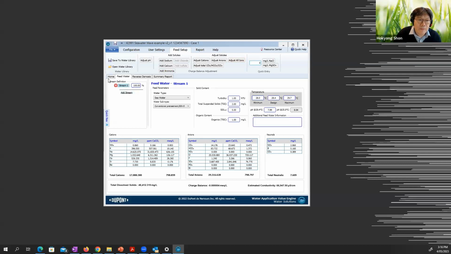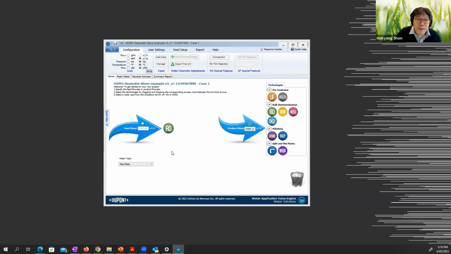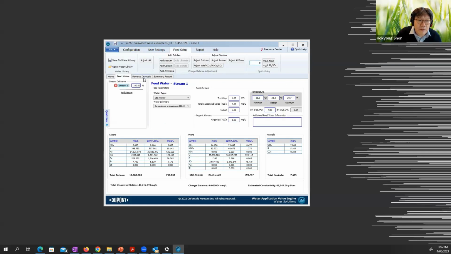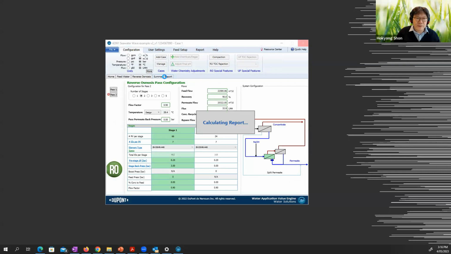Yes. Can you see that, right? Yes. Okay, so this is what I created, the wave example version 2. This is what I tried to get, and it looks like this is going well.